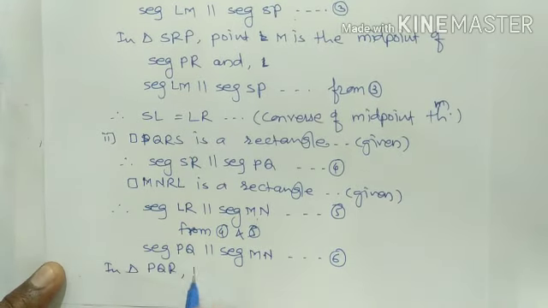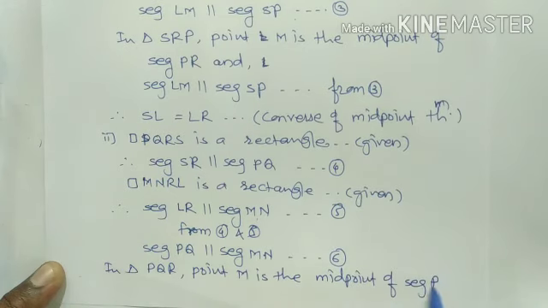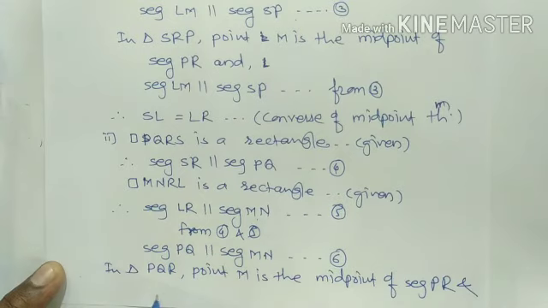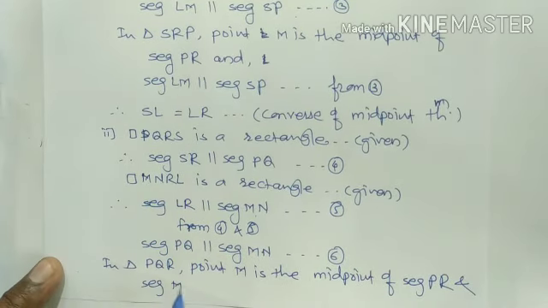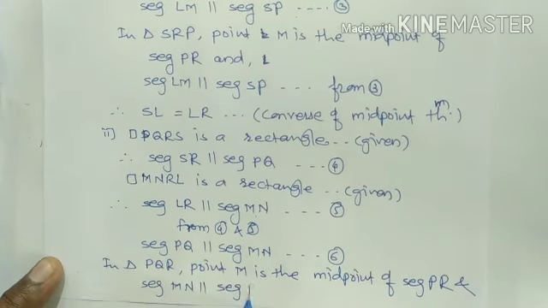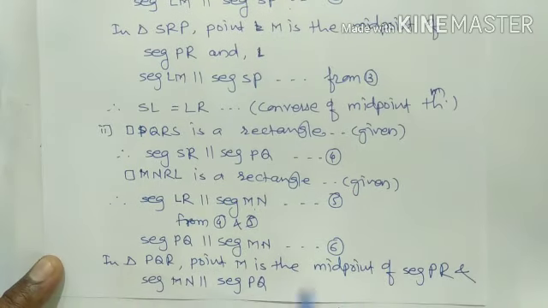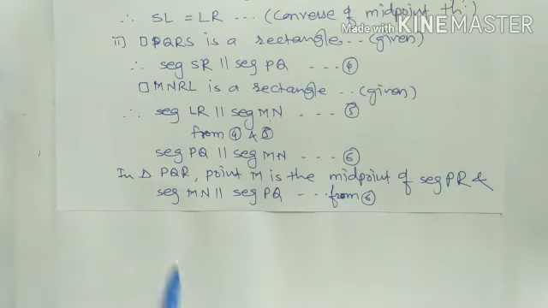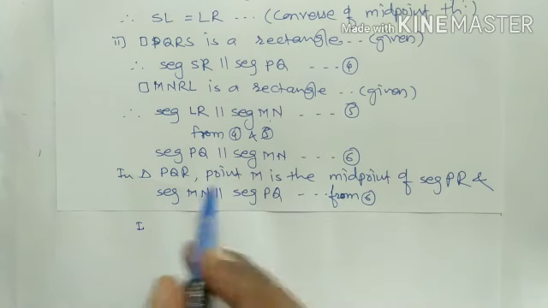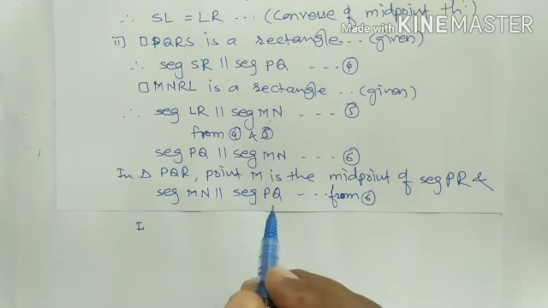Now, in triangle PQR, point M is the midpoint of seg PR, it is given, and seg MN parallel seg PQ, we have proved this in 6. So here we write from 6. Now in triangle PQR, point M is the midpoint of PR and segment MN parallel seg PQ.